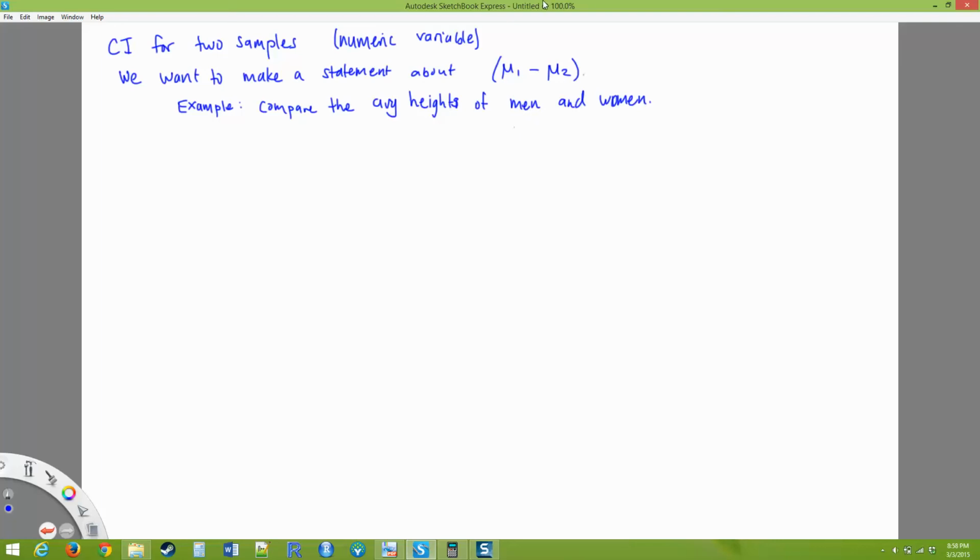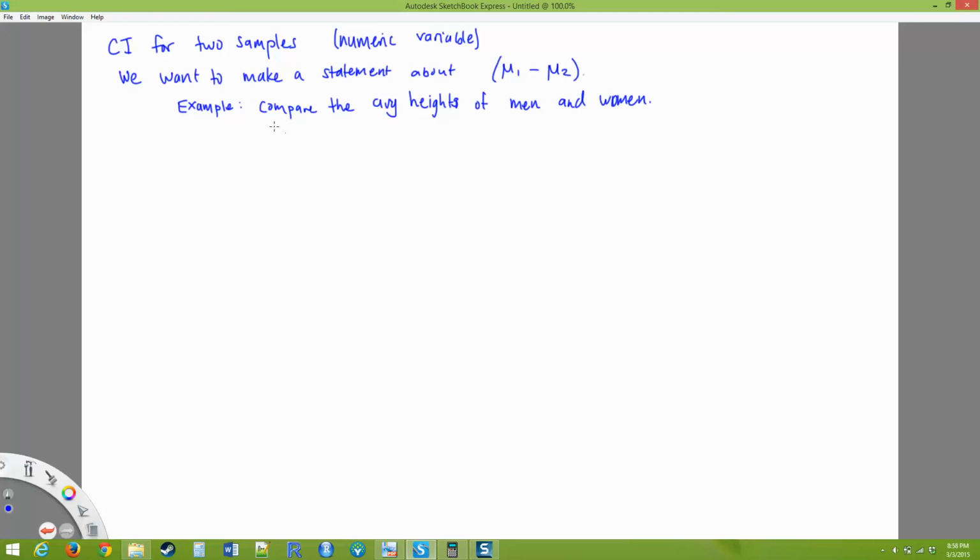And so what seems like a likely value for mu1 minus mu2? 5 or 6 inches, right? We're basically saying the average man's height is about 5 or 6 inches taller than the average woman's height. Does that make sense? Okay, that's basically what we're trying to say here.